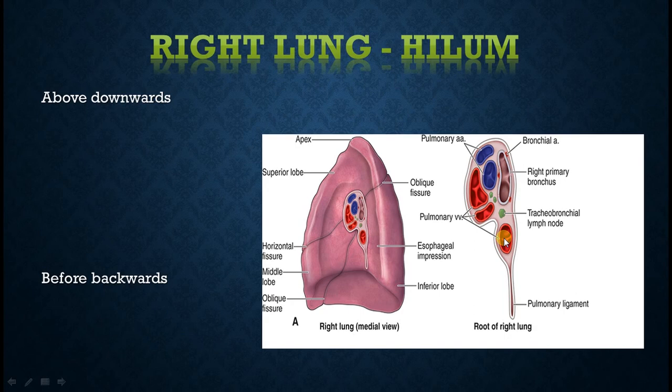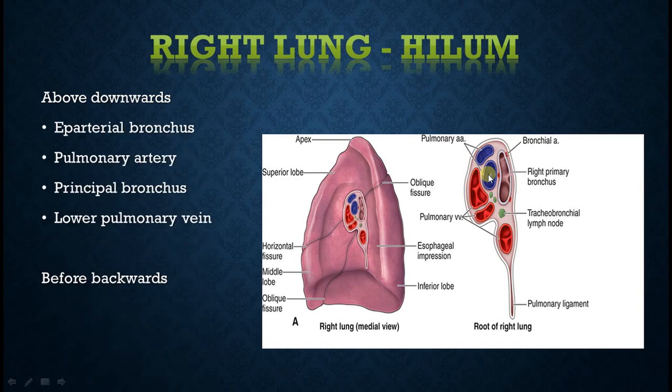One pulmonary artery, two pulmonary veins. Don't get confused by the two structures shown here; when you go a little deeper, it gets branched, which is why it is shown. From above downwards, eparterial means above the artery: eparterial bronchus, pulmonary artery, hypoarterial or principal bronchus, lower pulmonary vein.